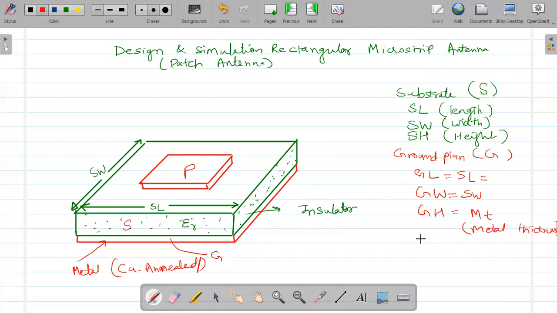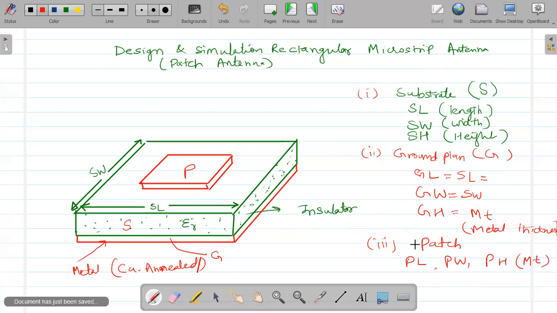First is the substrate, second is the ground plane, and the third we are going to create is the patch. The patch will have patch length, patch width, and patch height. The patch height is the same thickness, MT. So I think everyone is clear with the dimensions now.